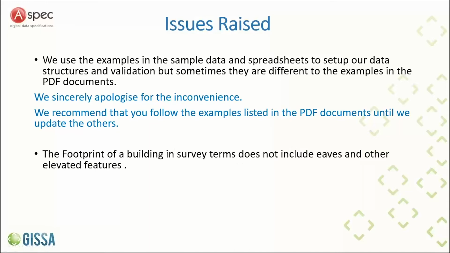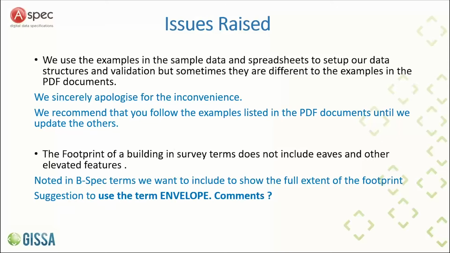Okay, the footprint, raised recently at the WA forum. Footprint of a building in survey terms does not include eaves and other elevated features. Yes, we get that. What we outlined there was in the context of B-Spec, we want to show the full extent of the footprint, which includes eaves and other features.